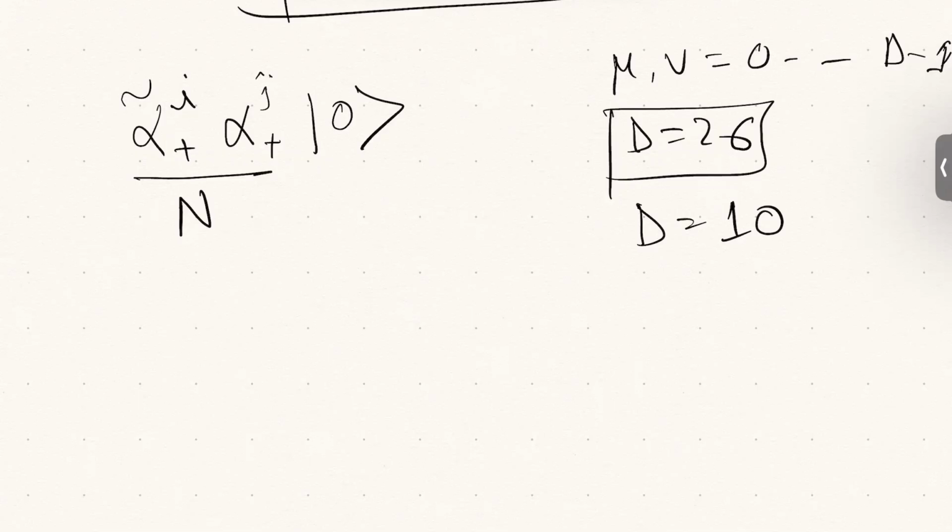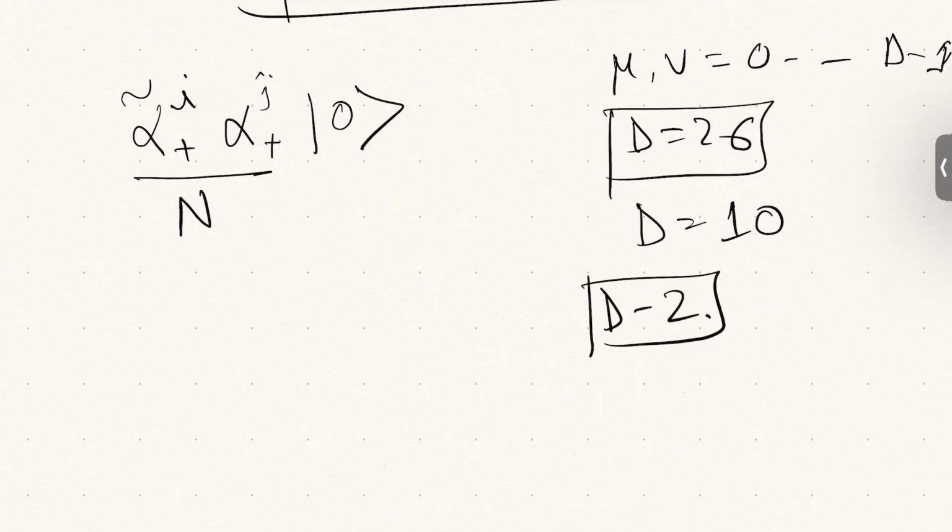So the Weyl invariance is only preserved when D equals 10. And that means, when you have a massless spectrum in D dimensions, the physical degrees of freedom are D minus 2.